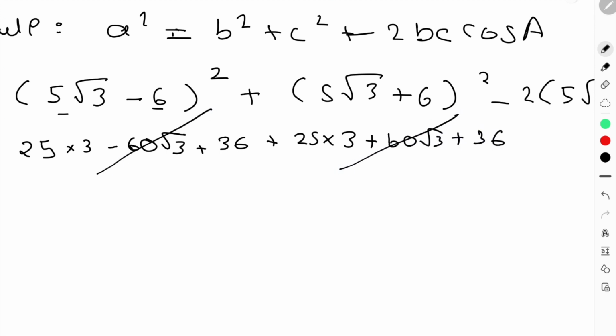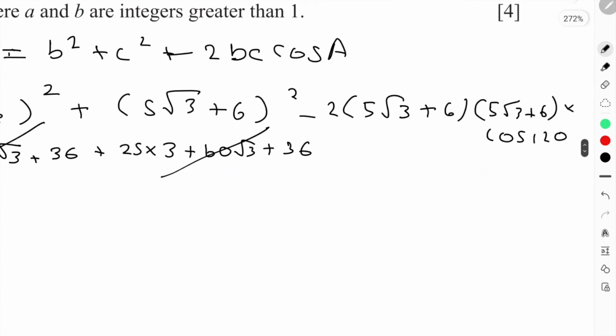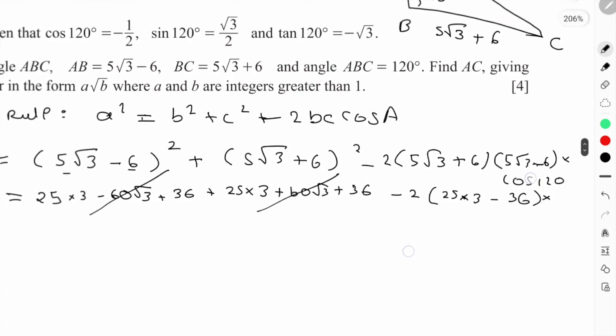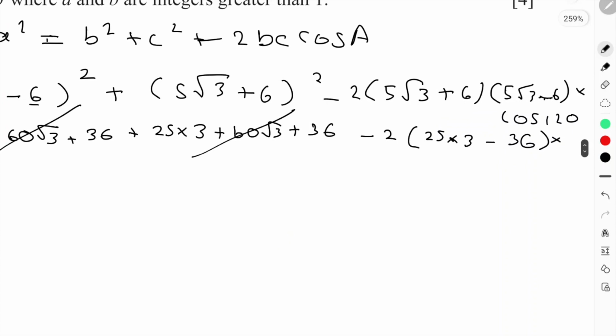So you can see you can cancel these. And then this is 25 into 3 minus 36. And then cosine of 120 is minus 1 by 2.